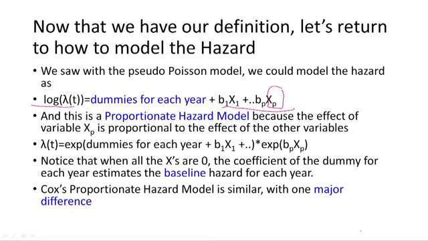Because if I exponentiate the left and right-hand side of that equation, I see that the hazard is the exponential of the dummies for each year times e to the BP xp. So the effect of x sub p, of this particular predictor that I may be interested in, multiplies the effect of all the other predictors. And that's what proportionate means.